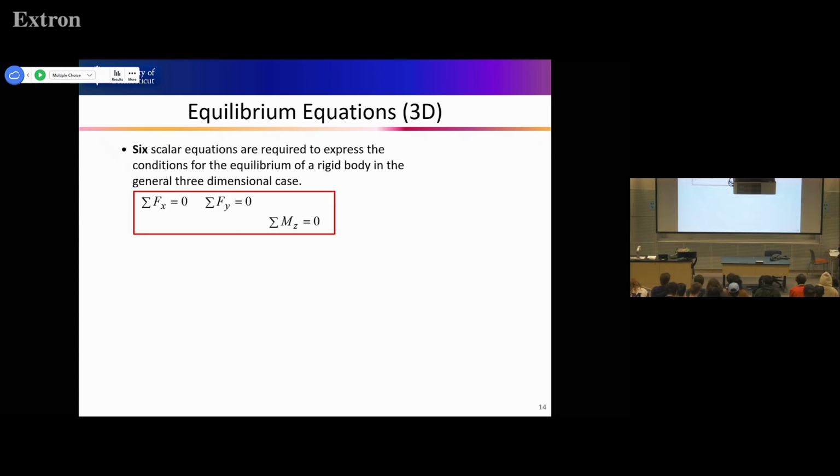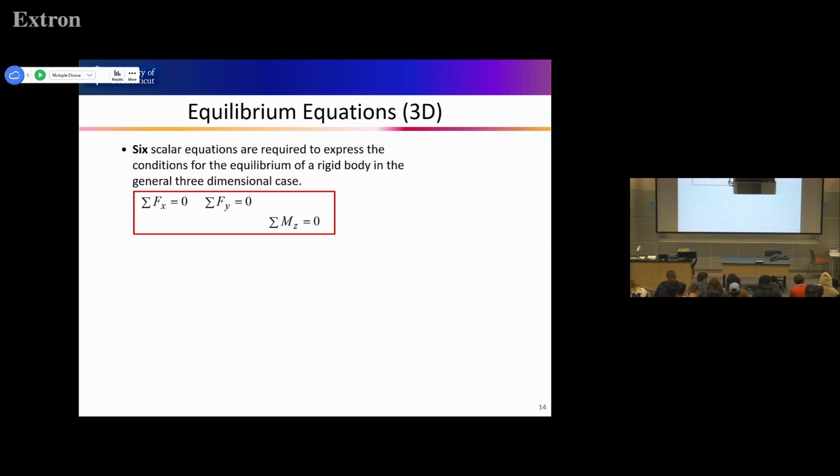And in 3D, we have 6 scalar equations. So 3 directions: force in the x, y, z directions should be 0, and moment about x, y, z should be 0. That's the requirement for equilibrium in 3D.